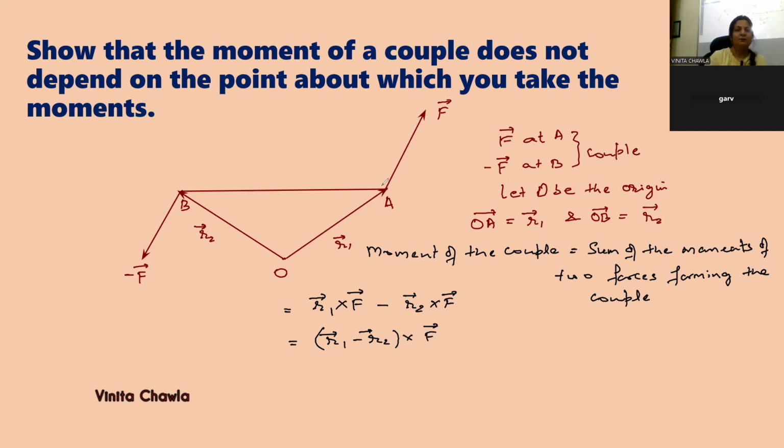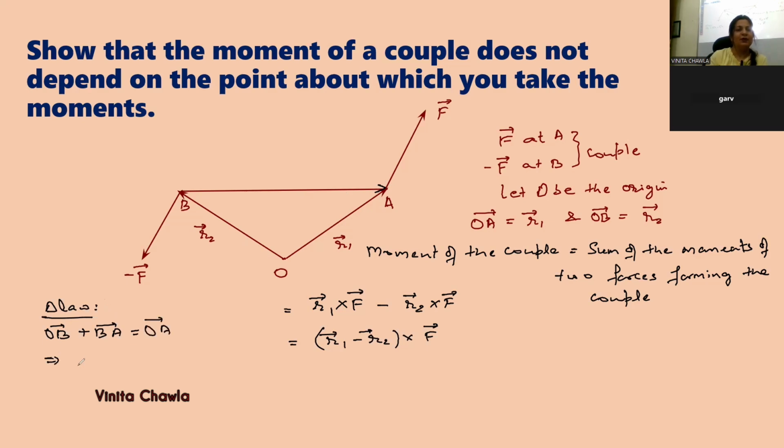Now tell me, for vector R1 minus R2, apply the triangle law here. What will you get? Vector OB and vector BA. Apply triangle law of vector addition in triangle AOB. So vector OB plus vector BA is equal to OA, the resultant, since they are in the same order.